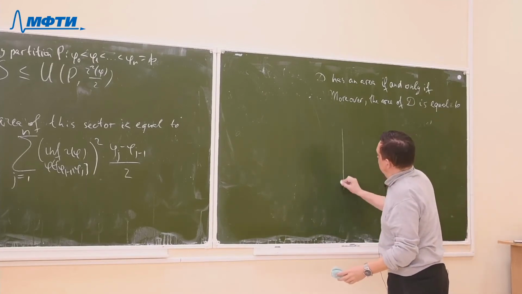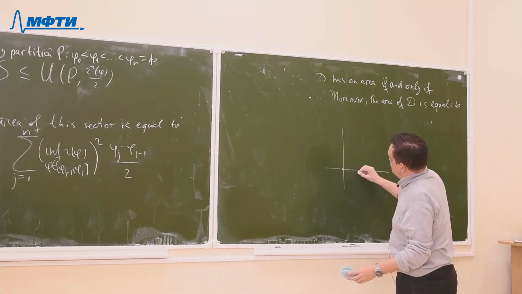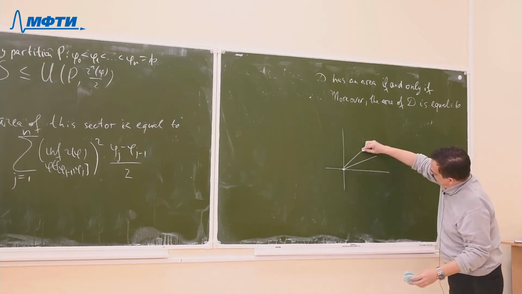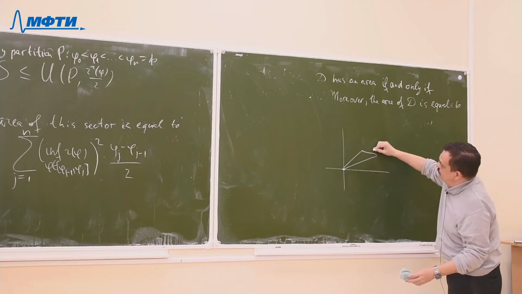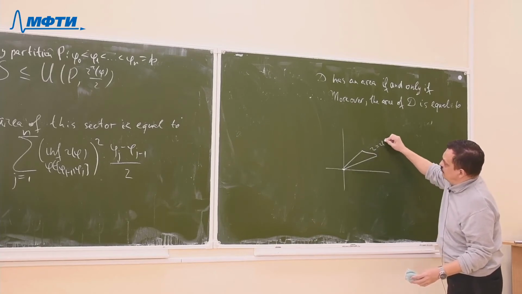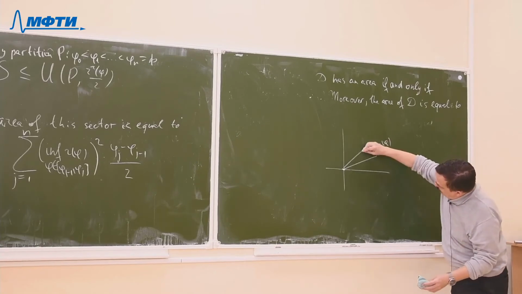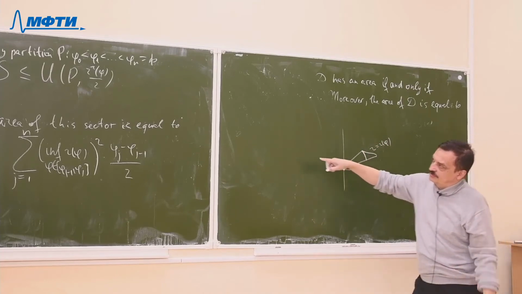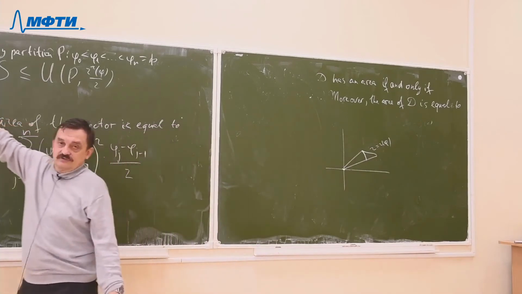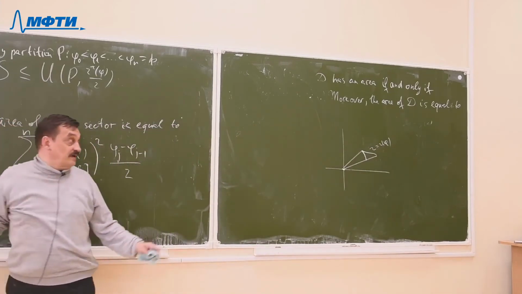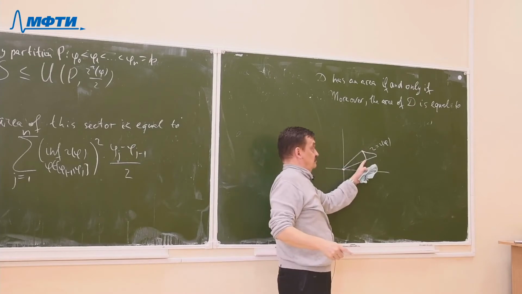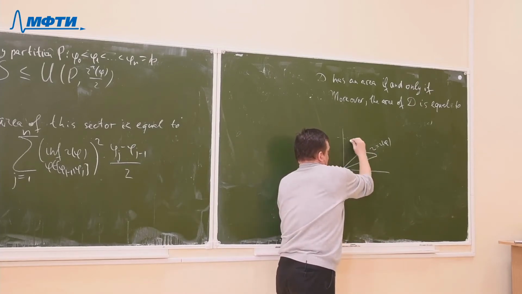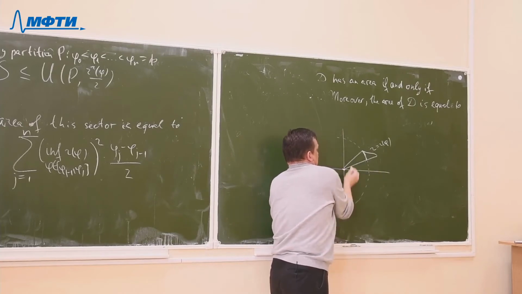So look at a small piece. We have two rays, right? That is our figure. R is R of phi. And one sector is that one, which is included into this. The area of this sector, that is an arc of a circle, right?